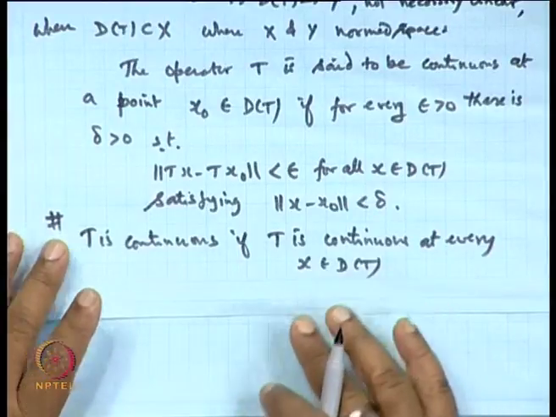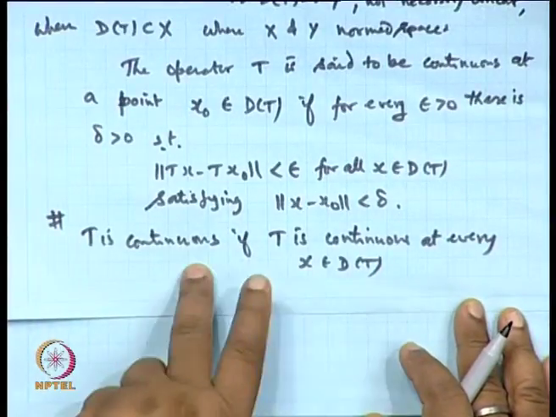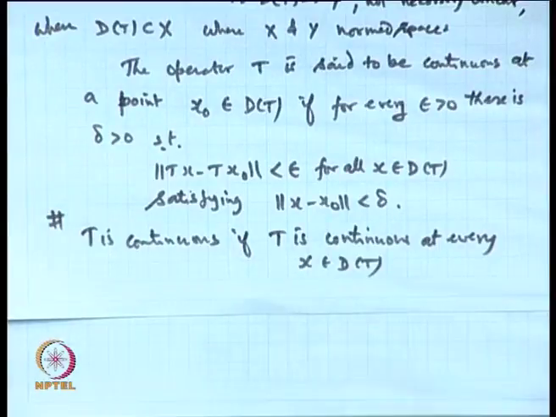A very interesting result we can now say is that in case of a linear operator, continuity and boundedness come out to be the same. In general, if a function is continuous over a closed interval, it will be a bounded function. But if the function is bounded, then it need not be a continuous function. But here the continuity and boundedness will be identical when T is linear.